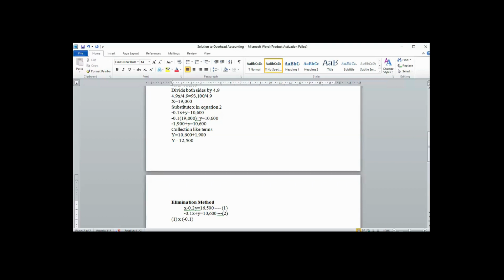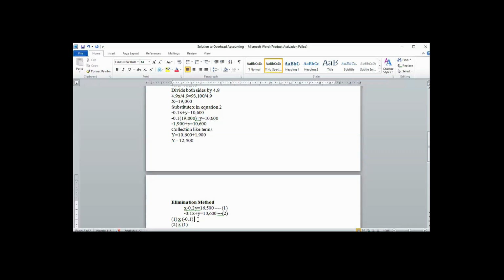Your equation 2, you will also do the same thing: equation 2 times the coefficient you have in equation 1, which is 1. Now we go back to equation 1. The coefficient you have selected is minus 0.1, used to multiply the whole thing in equation 1.